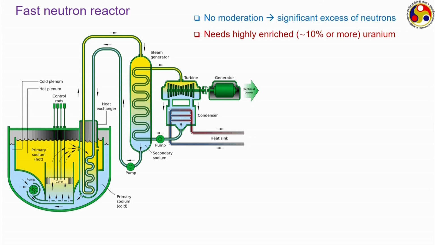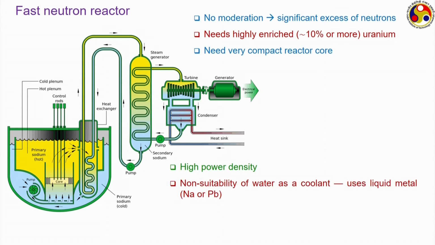They also require very highly enriched fuel, in the range of 10% or even more. But because of such high neutron excess, we generally need to have a very compact reactor core, resulting in high power density. One big problem for them is that water is not suitable as a coolant, for two reasons. Common water has a little bit of capture cross section, so it can reduce the neutron density.